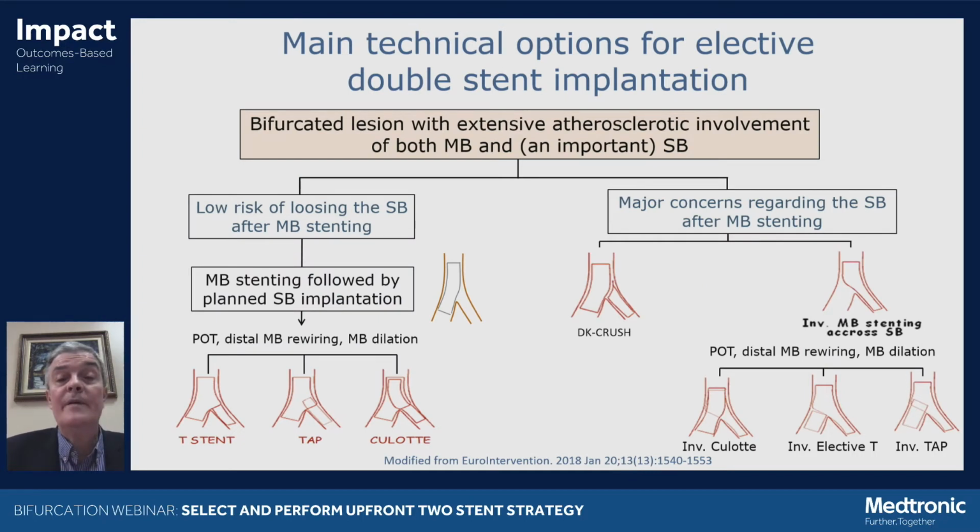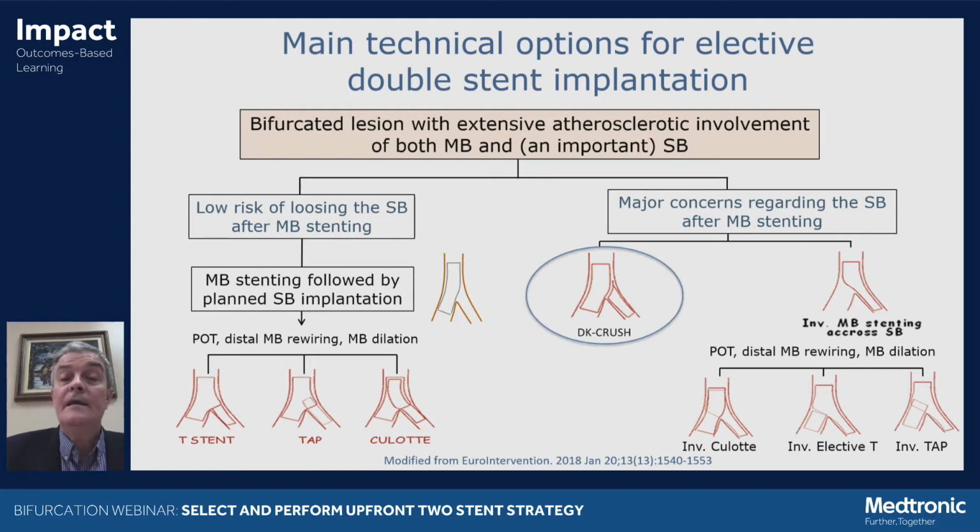According to the European Bifurcation Club, there is an algorithm that we suggest based on the estimated risk of losing the side branch. If the estimated risk of losing the side branch following main vessel stenting is low, then we go standard provisional, and then we stent across the side branch, and then we decide whether to do either TAP, T, or culotte stenting.